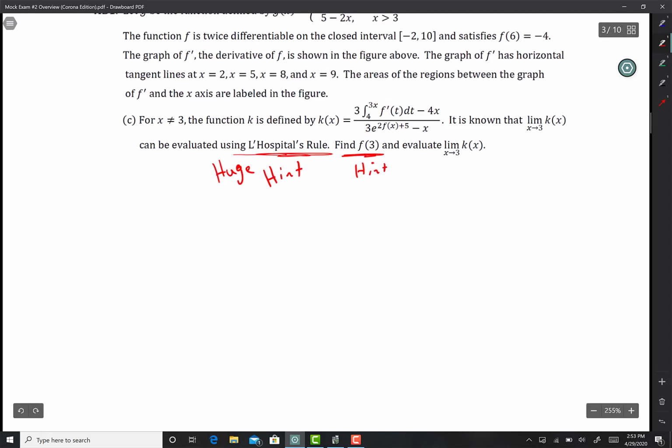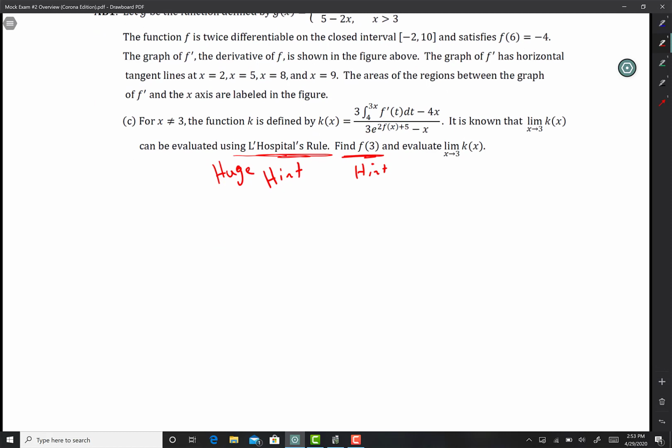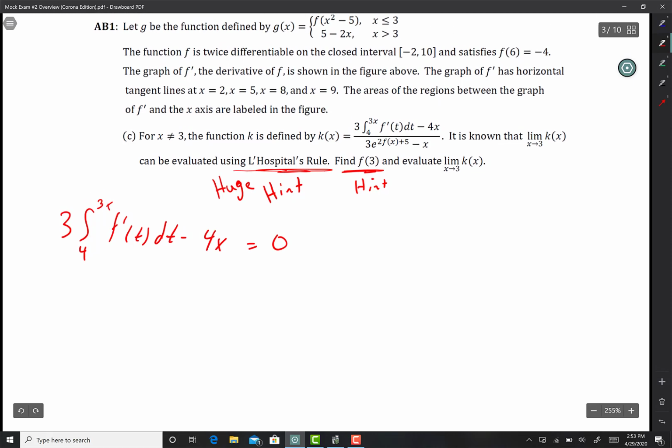Because I can use L'Hopital's rule, what does that mean? That means the integral from 4 to 3x of f prime of t dt minus 4x equals 0 as x approaches 3. Let's see if we can get anything from this.